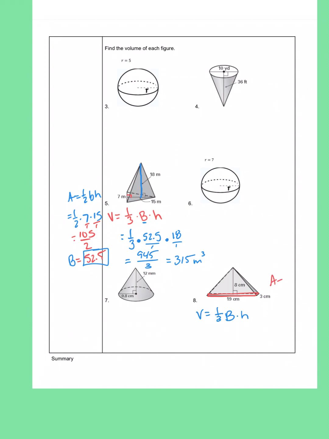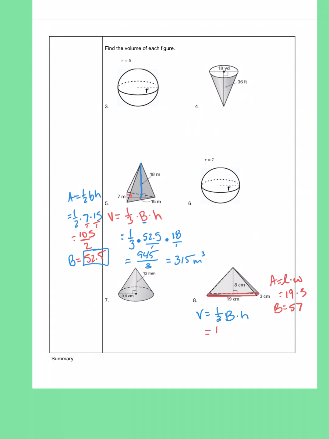So the area of a rectangle is length times width. And the length is 19 times the width is 3. So then to find the area of the base, we do 19 times 3, length times width. So that capital B, or the area of my base, is 57.